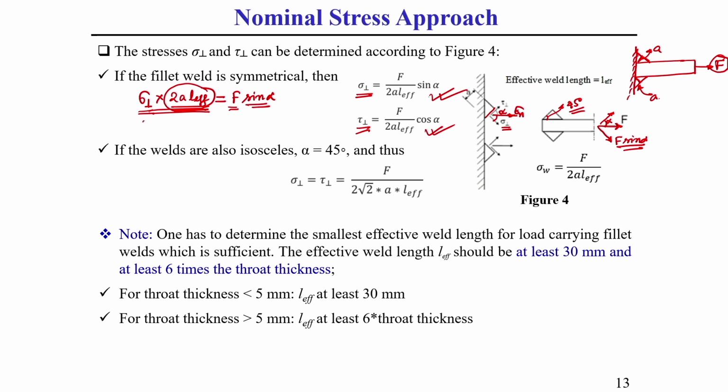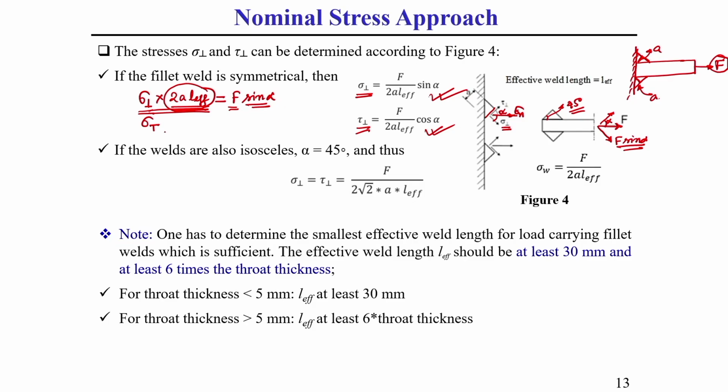This is generally the equilibrium equation, that means the summation of x component of force should be equal to 0. Similarly, the summation of y component of force equals 0. These are all based on the equations of equilibrium, and based on this the relationship comes.